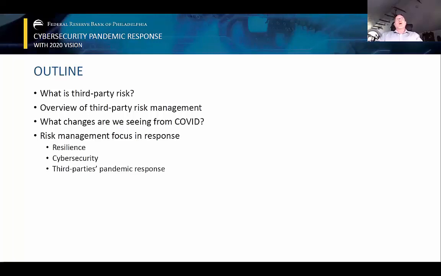I'll talk about third-party risk management at a high level, just for the third-party risk professionals in the room, and level set on some changes we're seeing from COVID to set the stage for our risk management focus in response. I've grouped activities we might want to take into three categories: resilience, cybersecurity, and the third parties themselves and their pandemic response. What have they been doing in response?